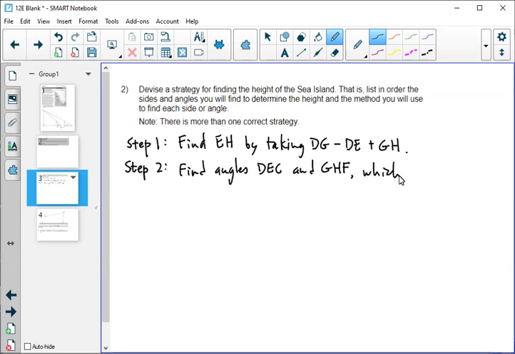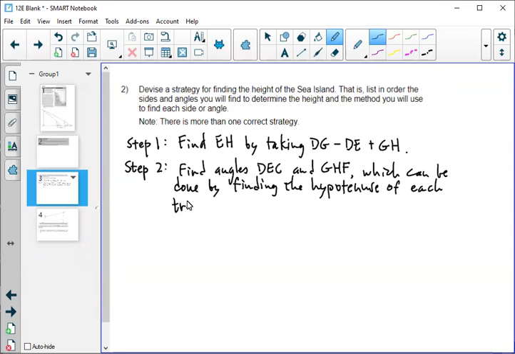We can elaborate here, which can be done by finding the hypotenuse of each triangle and then using the inverse sine function. Step 3.